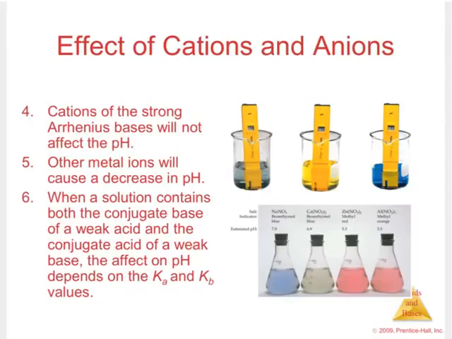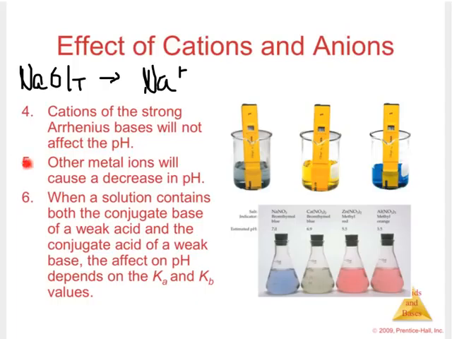If we're talking about cations of strong bases, for example, sodium hydroxide is a strong base. The cation of that base is the sodium ion. And so the presence of the sodium ion, because this is a strong base, the conjugate acid of the strong base is going to have a negligible effect on the pH.